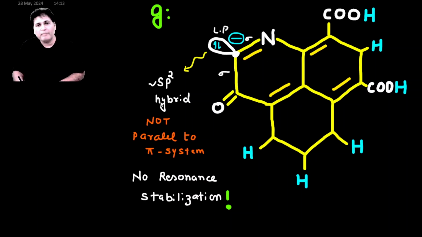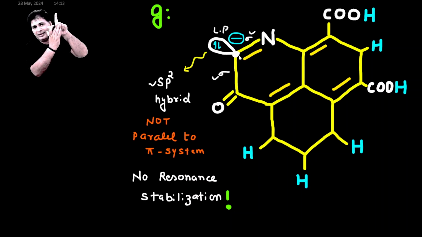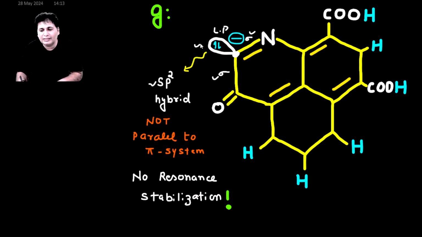What does it mean? It means that this lone pair is in the same plane as these 2 sigma bonds, because in sp2 hybridization, all the 3 hybridized orbitals are coplanar, they are trigonal planar. So this lone pair is in the same plane as the ring.